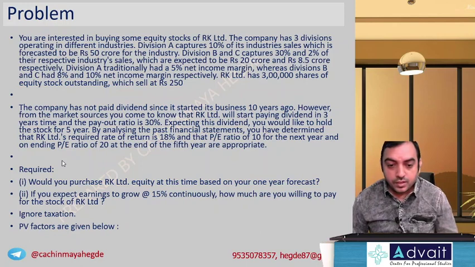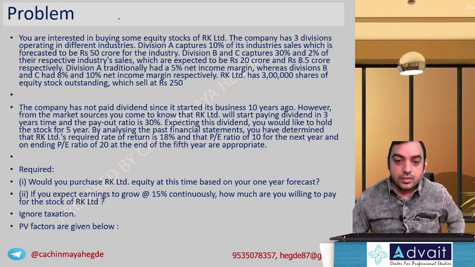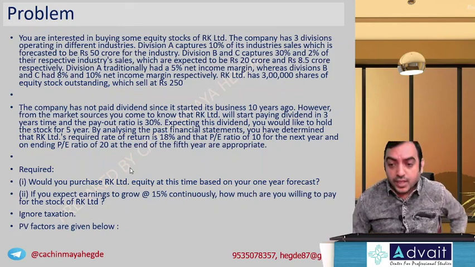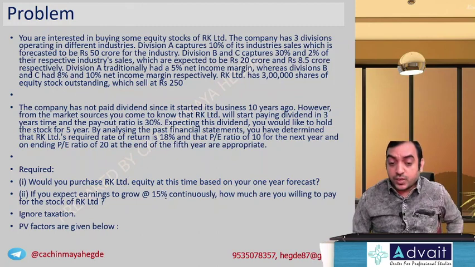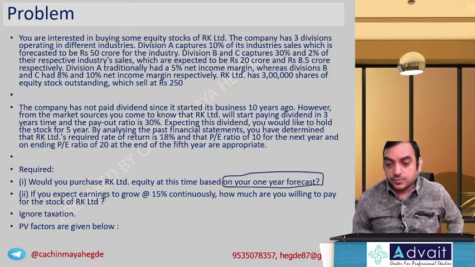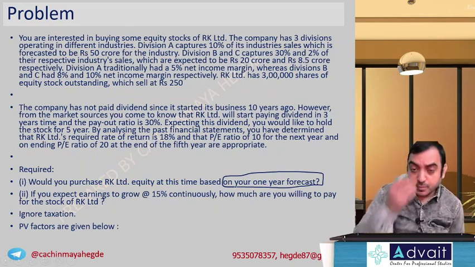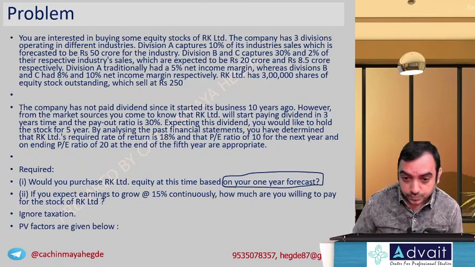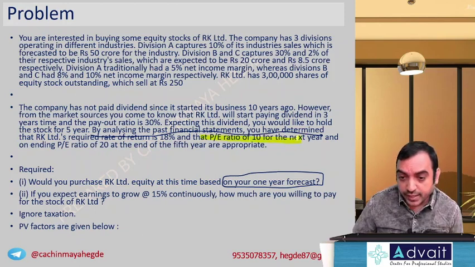Okay. Let's read the first one. Would you purchase RK Limited's equity at this time based on a 1 year forecast? Okay. Now, look at the paragraph. By analyzing the financial statements, you have determined RK Limited's required return is 18%, P/E ratio 10 for the next year.